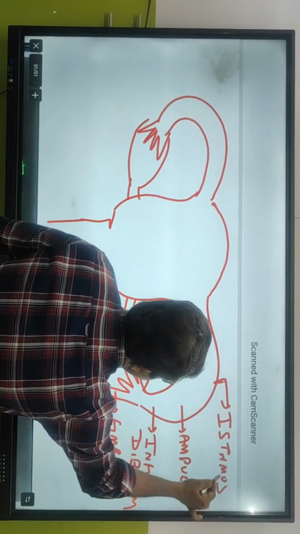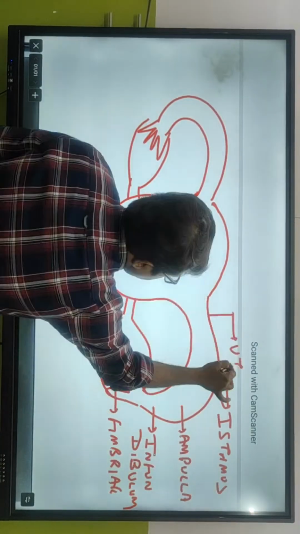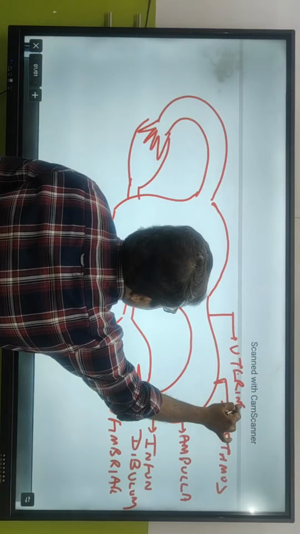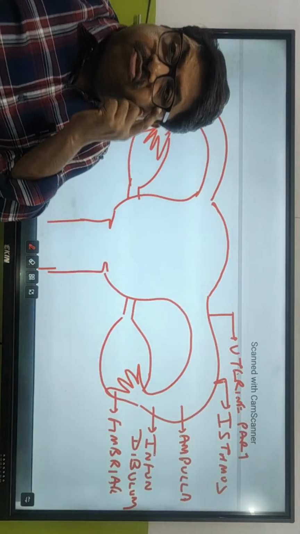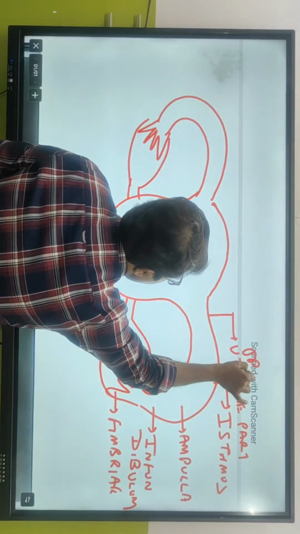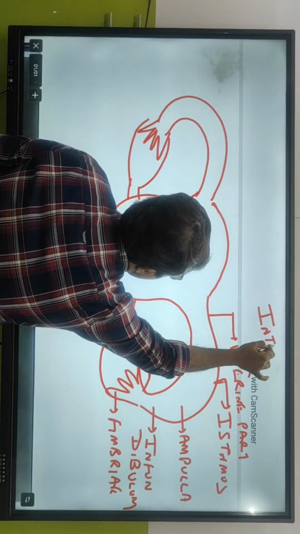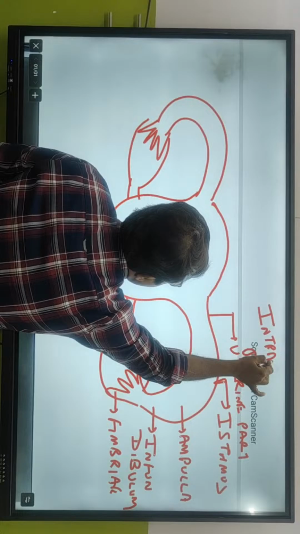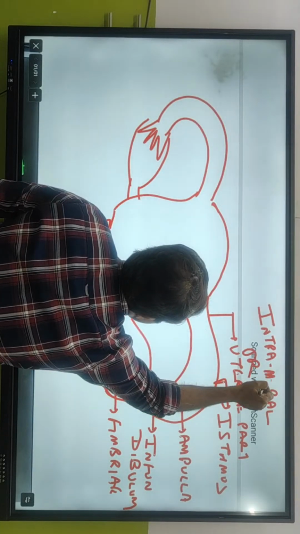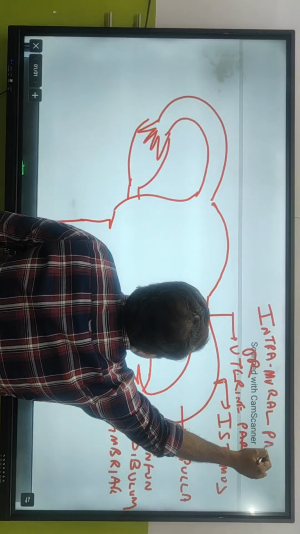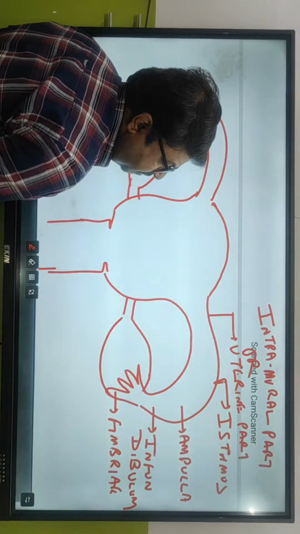And the fourth part is called the uterine part, or intramural part. Intramural, mural. So these are the 4 parts of the fallopian tube.